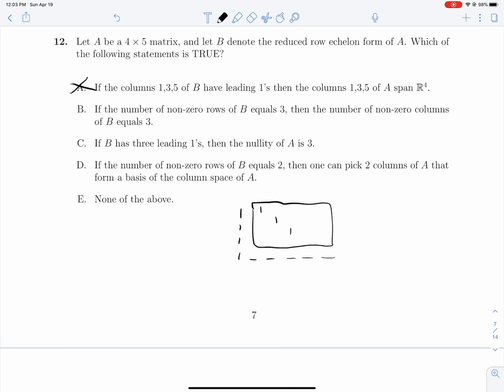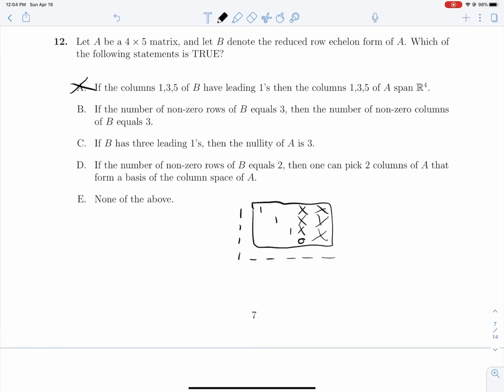But this is our row-reduced form of A. There's no reason to believe that we're not going to have non-zero entries elsewhere. And in fact, if we have a 0 on our final row, so that's not a pivot position, we can have whatever we want above it and still be fine. And we can also have whatever we want to the right of it, and it'll still be the row-reduced form.